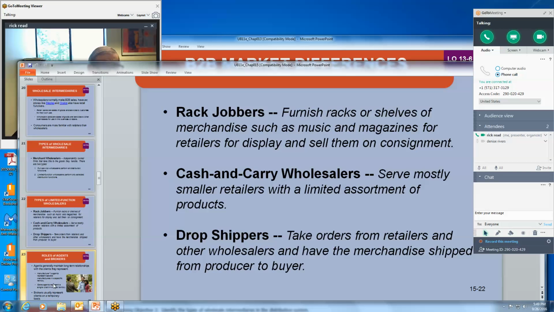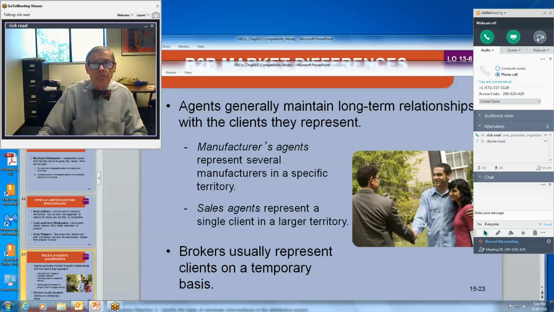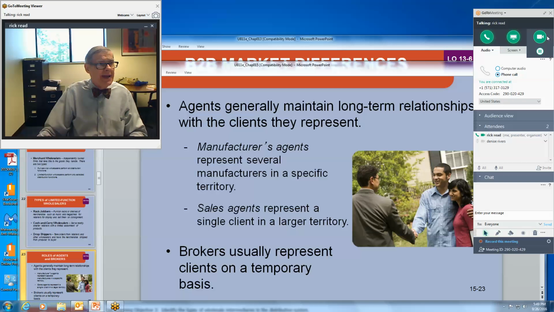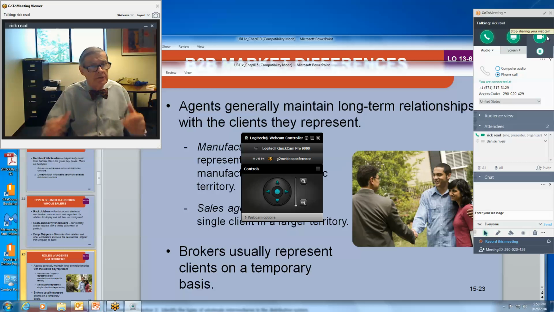These fall into the areas of agents and brokers. Look here at where an agent is. These are people who develop long-term relationships with their customers. They may represent several manufacturers and tend to work in a specified geographic area, like within a certain state or certain counties of a state, or maybe in other geographical areas larger than one state, say like the Northwest Territory or New England.